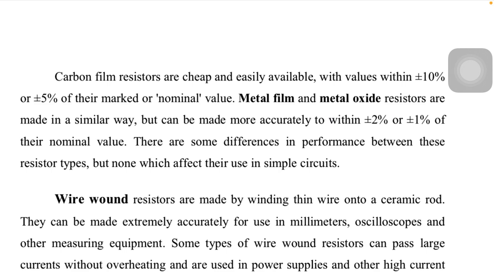So the error there is much. Remember, it's cheap. The metal film is different. It is not easily made, but the error there is little, plus or minus 2% or plus or minus 1% of the nominal value.